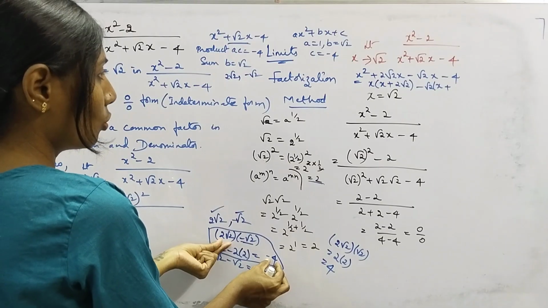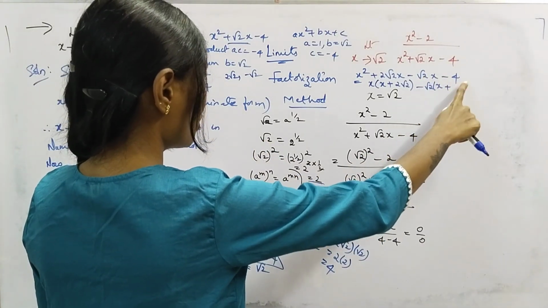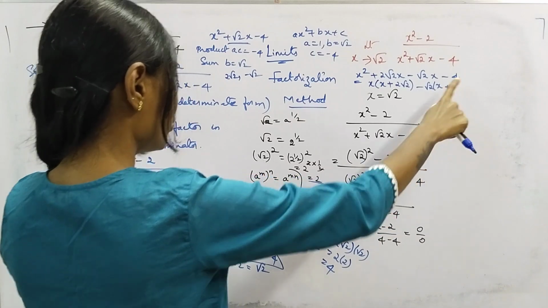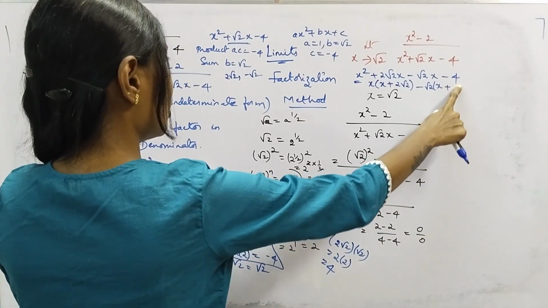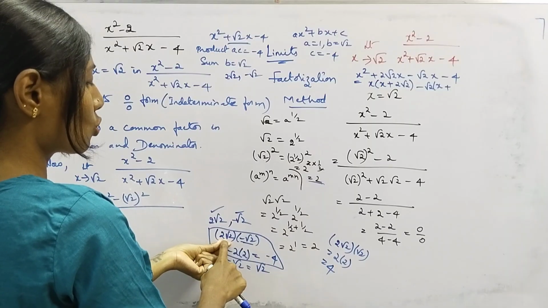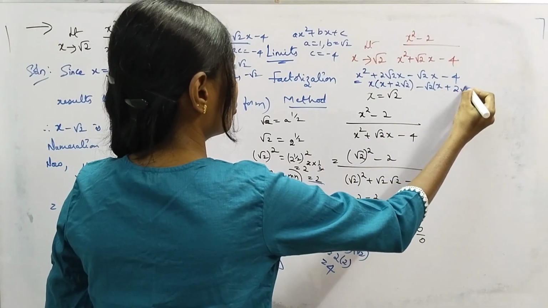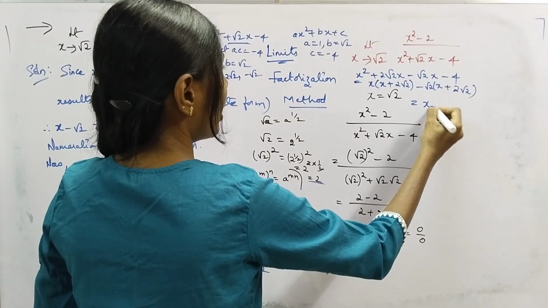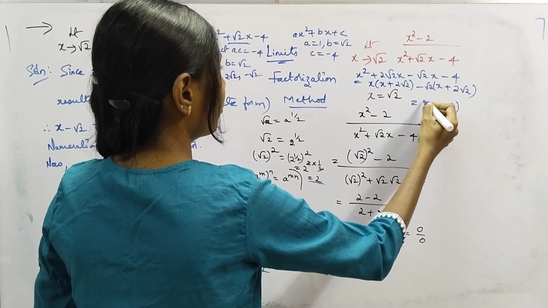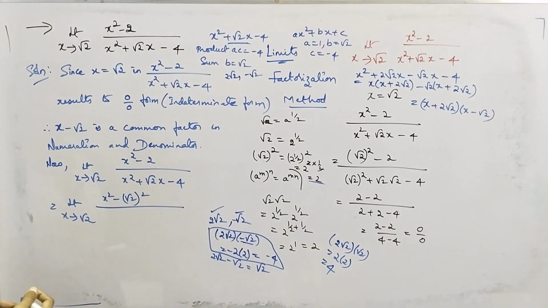You're having minus 4 and we have to take minus root 2 common from these two numbers, so that the second number will be minus root 2 into the number which results to minus 4, which is 2 root 2, right? You'll get 2 root 2. So here x plus 2 root 2 is a common factor. Pull this out, you'll get x plus 2 root 2 into x minus root 2, right?